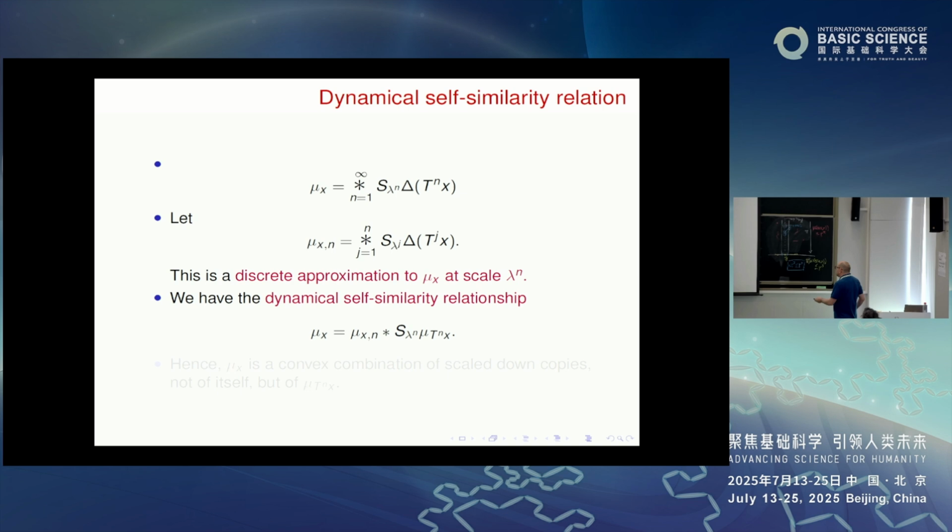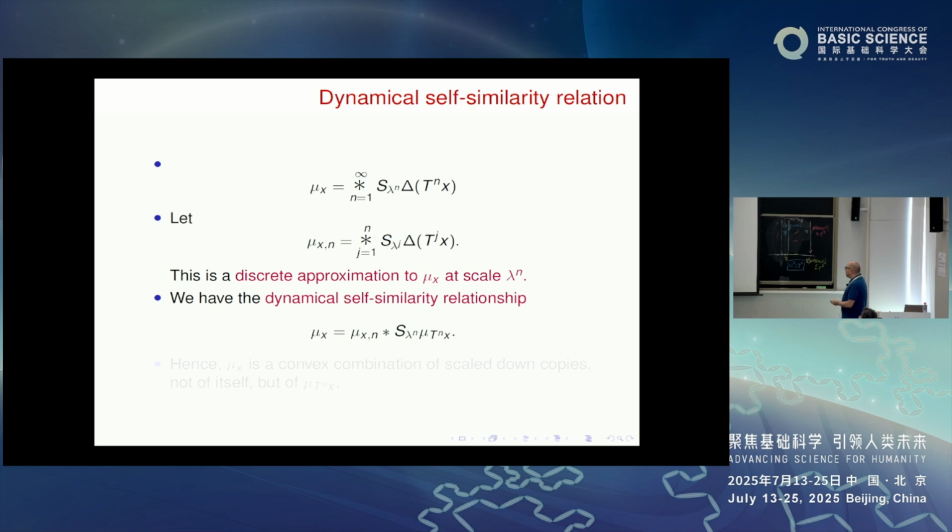So in other words, we have this relationship that says that the original measure is the convolution of the discrete approximation at scale lambda to the n, and a copy scaled by lambda to the n, not of the same measure, that would be self-similarity, but another measure in the family. And the other measure is a measure corresponding to the parameter t to the n of x.